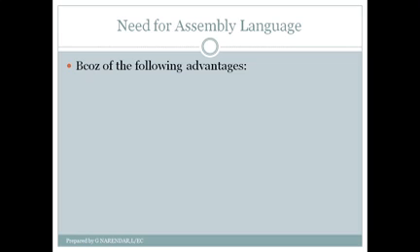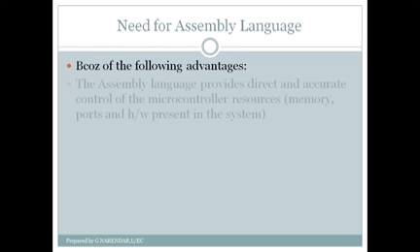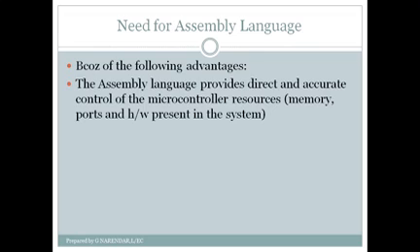We prefer assembly language to write instructions for 8051. Then what is the advantage that makes us write programs in assembly language? The assembly language provides direct and accurate control of microcontroller resources.